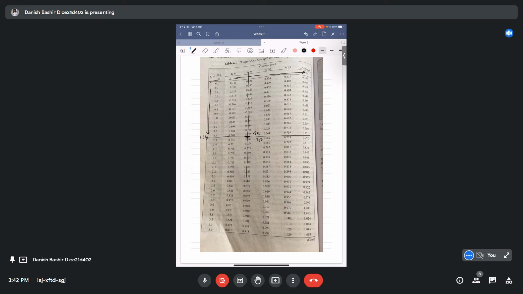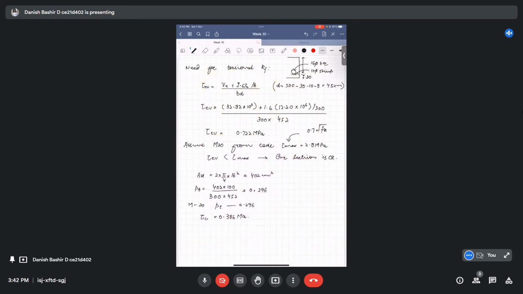It is approximately 0.3. We can round it off to 0.3 and we are using M20 concrete, so the shear strength of concrete is about 0.38. What I have written there is approximately 0.386. Okay, so we are doing it correctly.